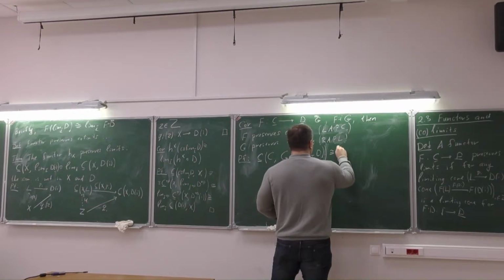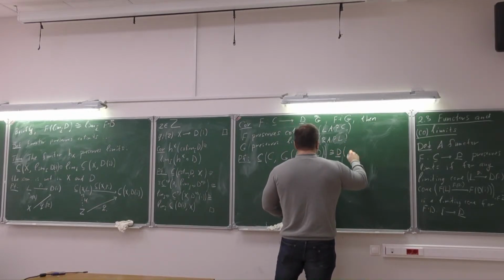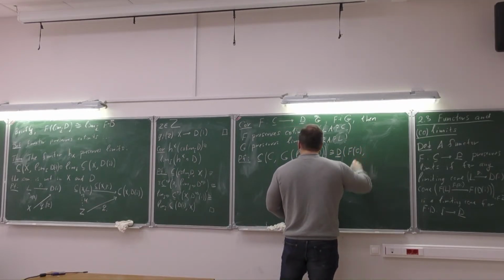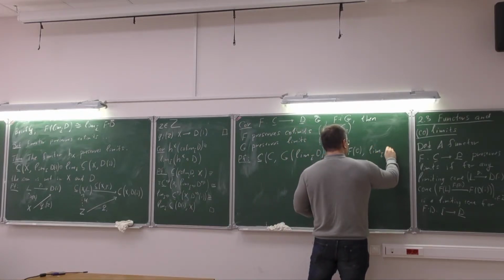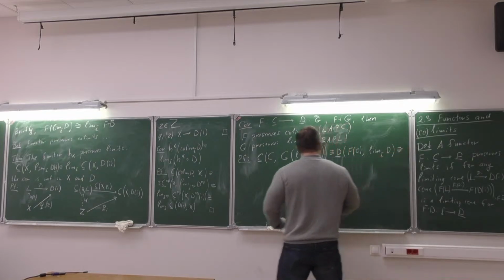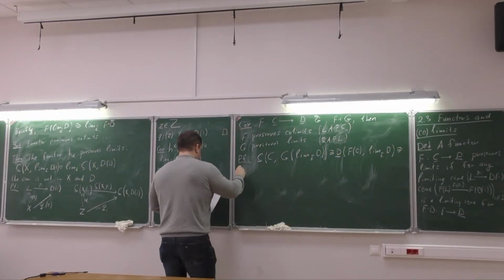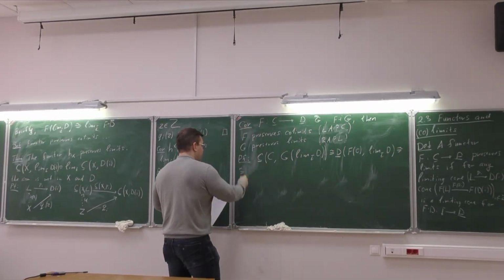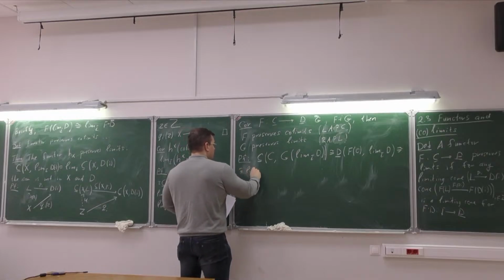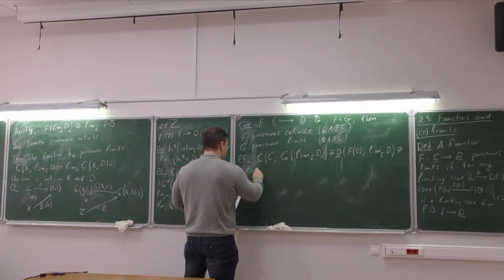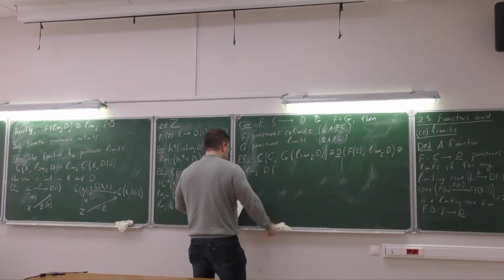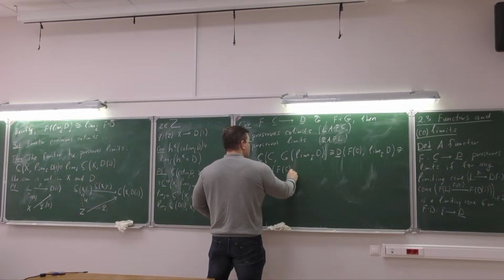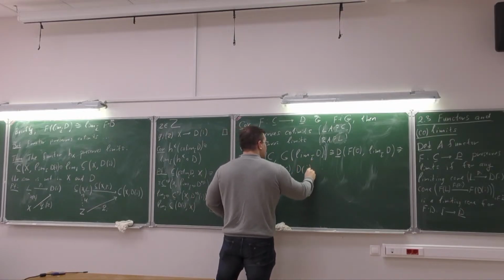You write this as a hom in the category D from the object F of C to the limit. Then the next step is to take this limit from the second argument and write this as a limit after we take the hom. So this is limit over I of hom in the category D between F of C and D of I.